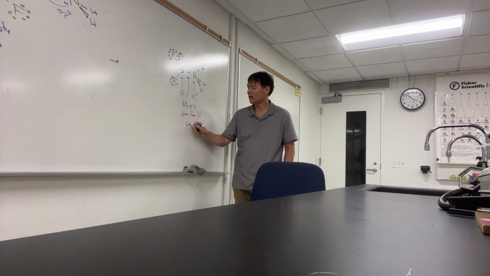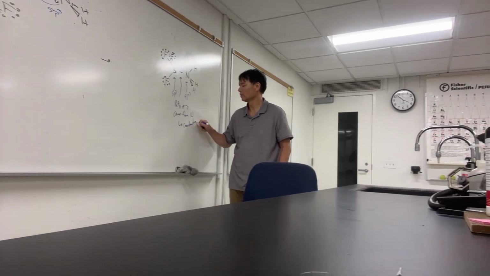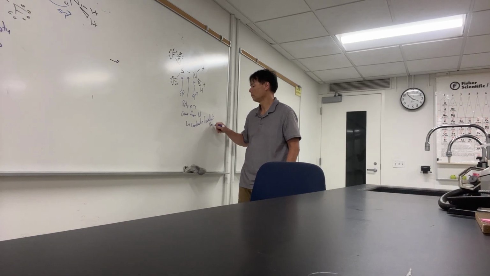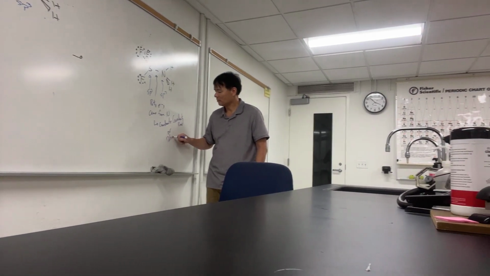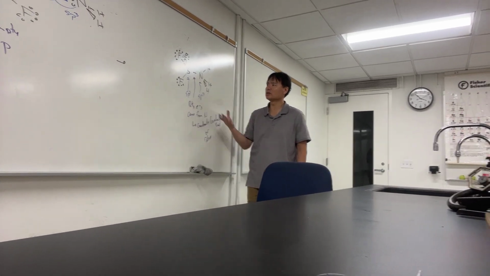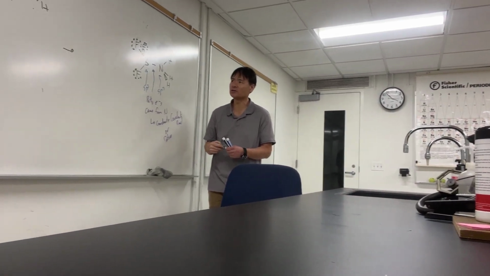And we have a name for that. This is called a coordinate covalent bond, or dative bond. We have a name for that because normally one bond comes from, let's say, boron, one bond comes from nitrogen, and they share them. But in this case, both bonding electrons came from nitrogen.